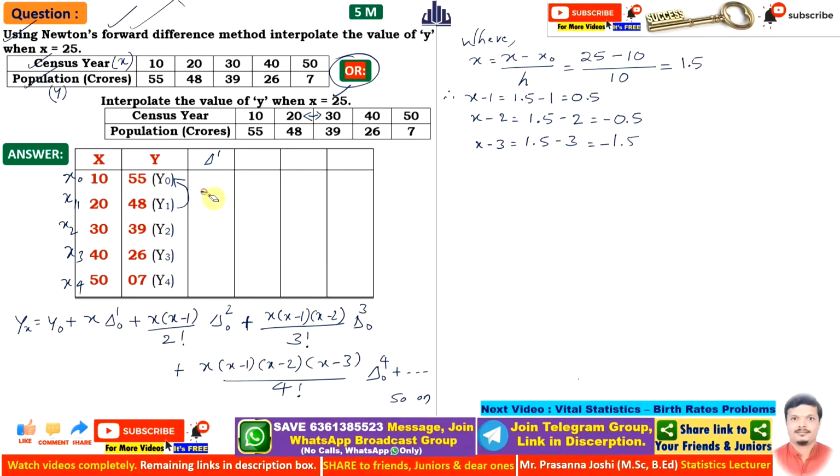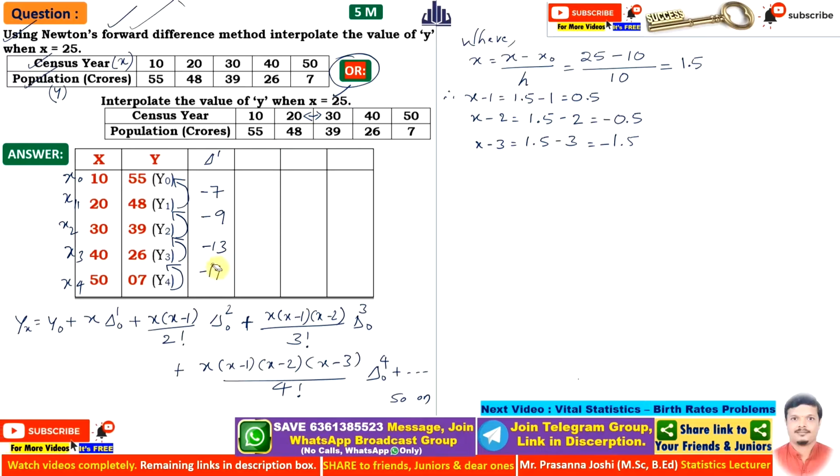It is minus 7. Then third value minus second value, 39 minus 48. It is minus 9. Then in the similar way, 26 minus 39. It is minus 13. And then 7 minus 26 is nothing but minus 19. So first order differences we have got.